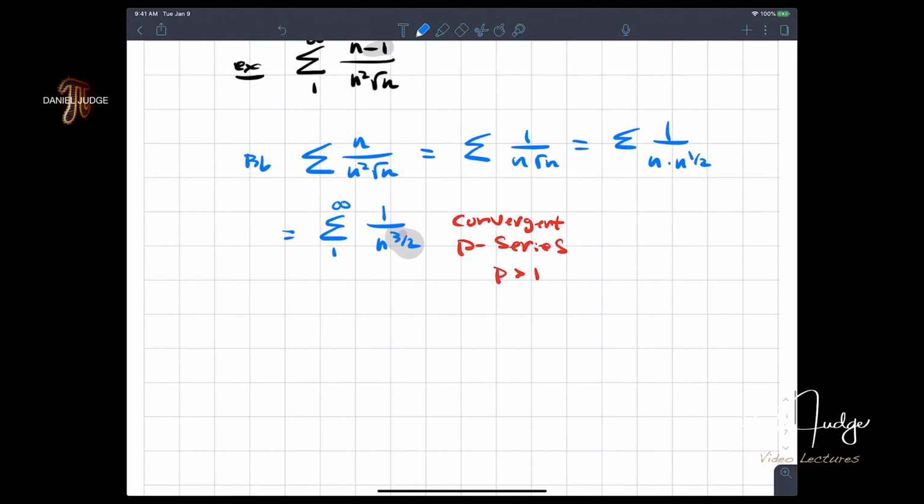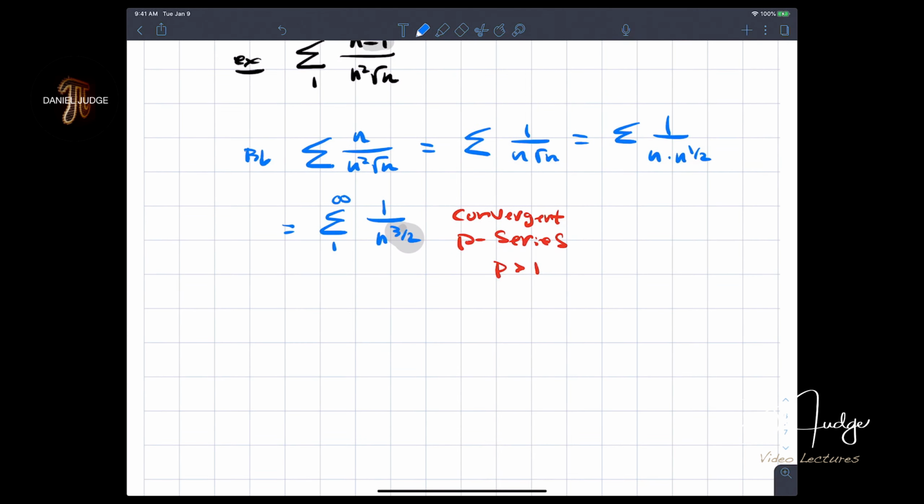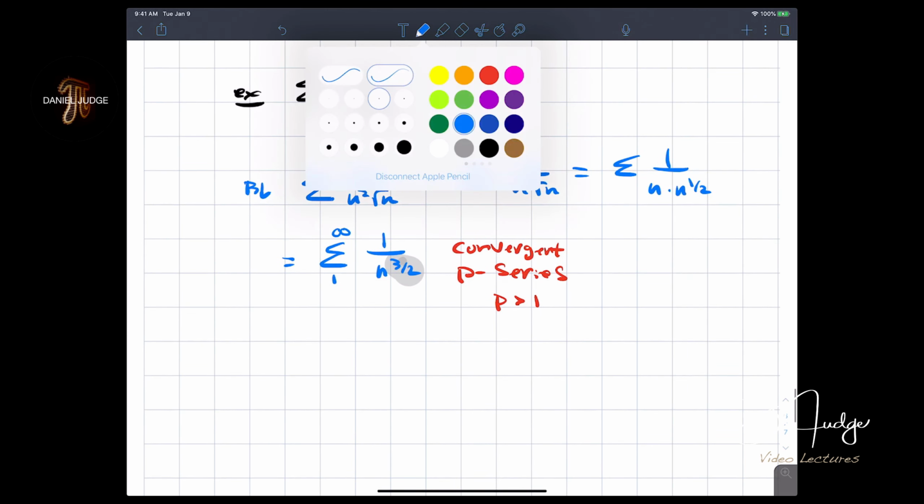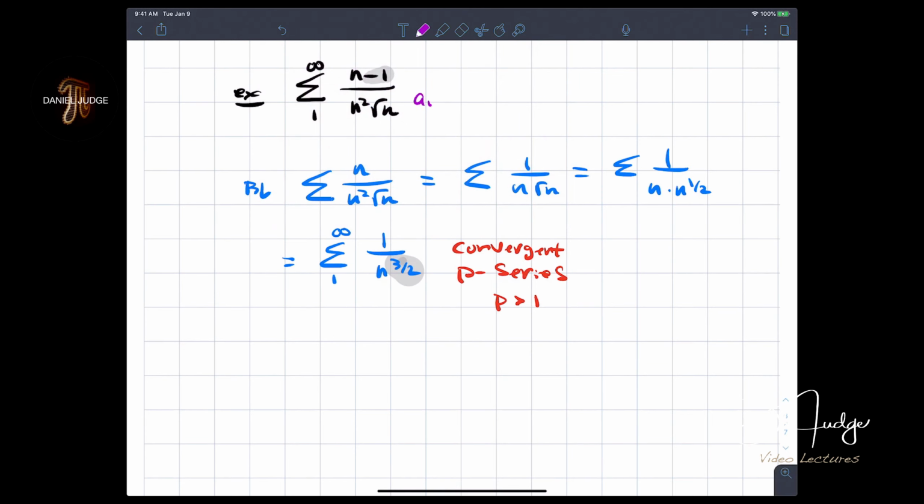So what you would do, ladies and gentlemen, is do the algebra, meaning this is going to be now called a_n, and this is now b_n.